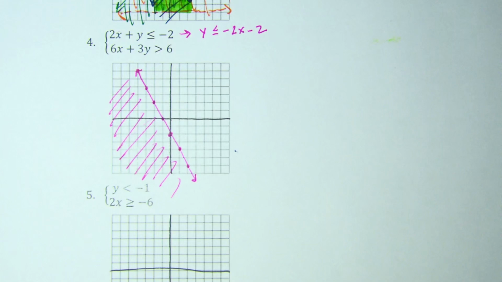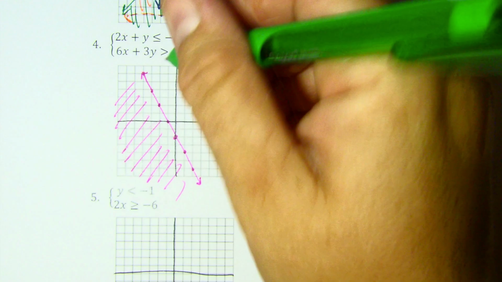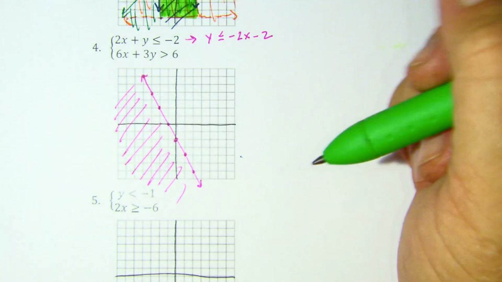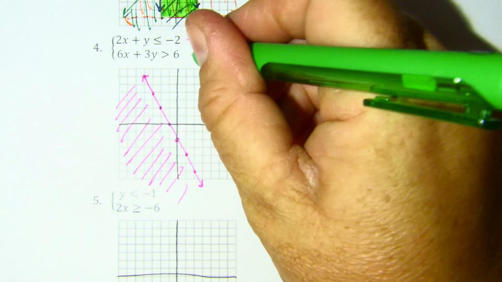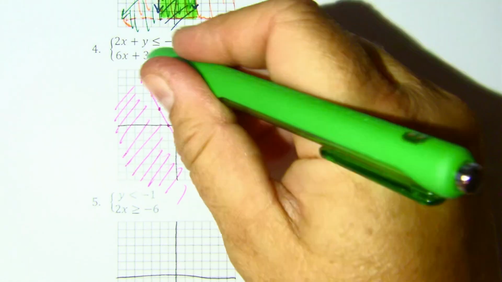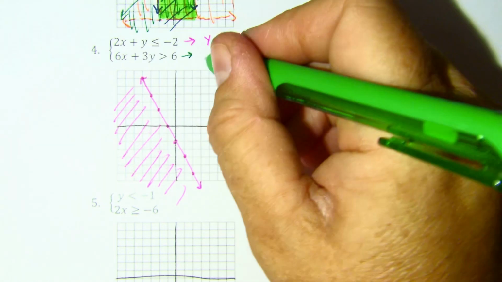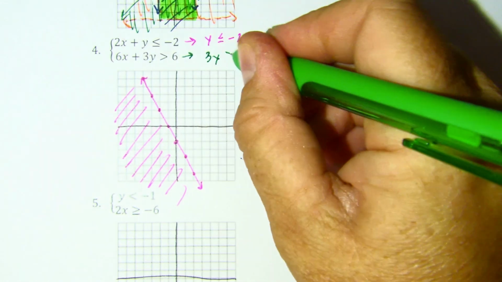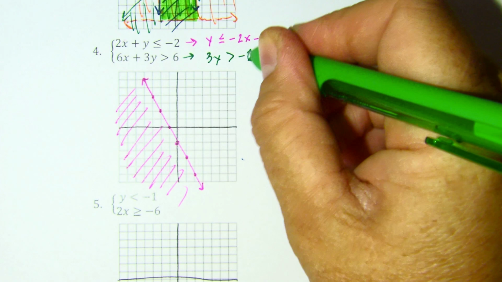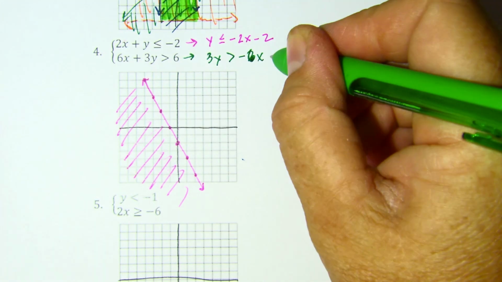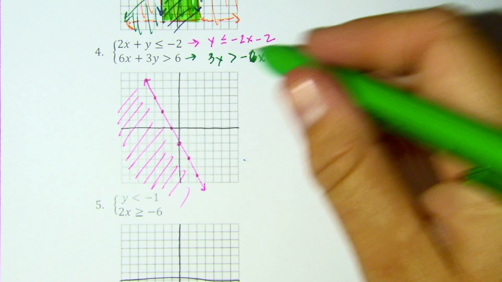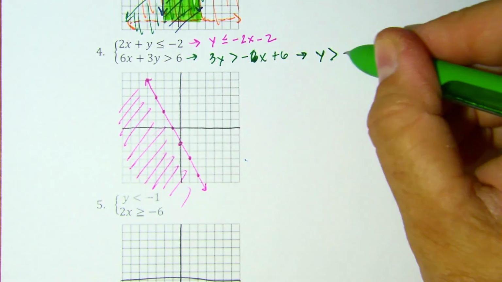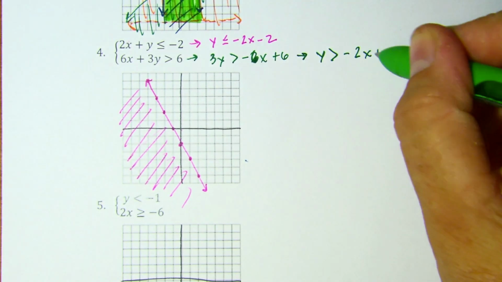All right. And then this bottom one, you could use intercepts or you could solve for y. It's really up to you. I'm going to go ahead and solve for y. So solving for y, subtracting 6x over, I have 3y is greater than negative 6x plus 6. And dividing by 3, y is greater than negative 2x plus 2.